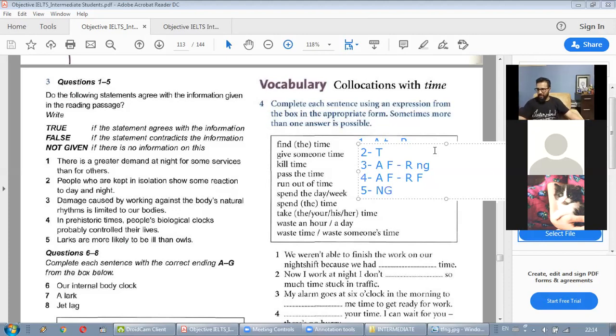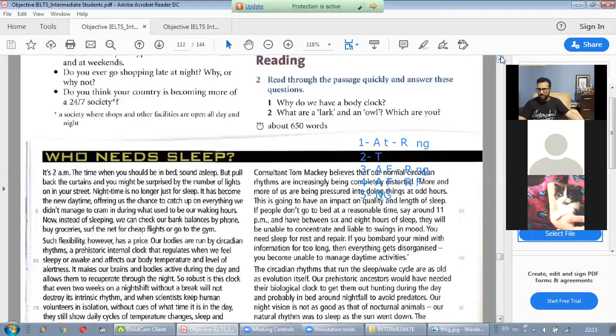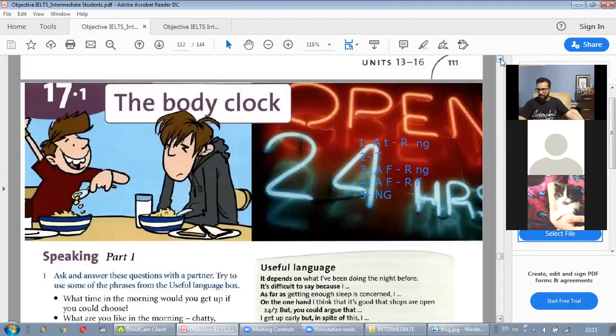Okay, so I think this needs to go here. Let's see our answers. This is unit 17, is it? It's 17, okay, good.